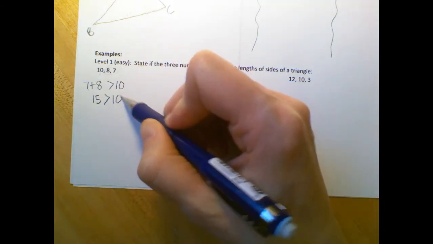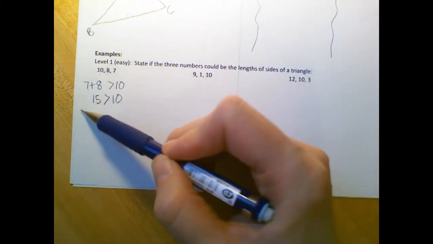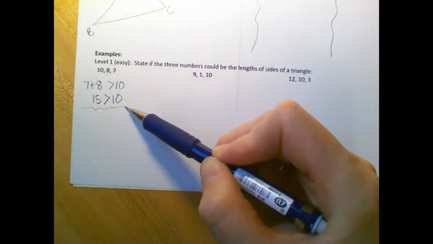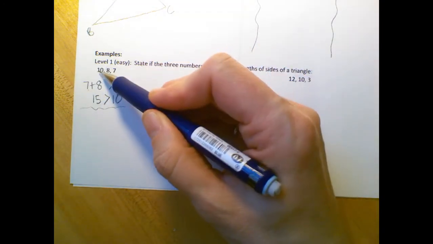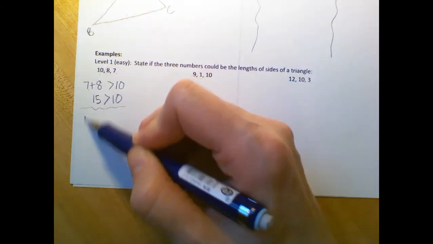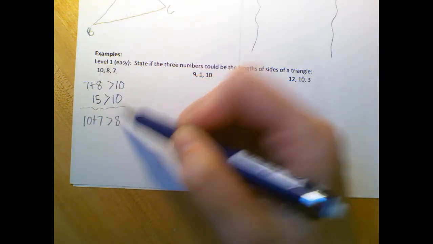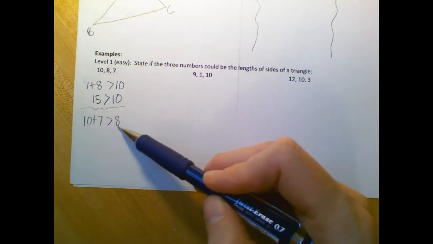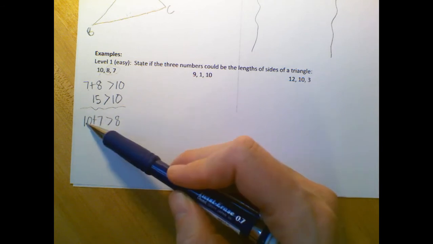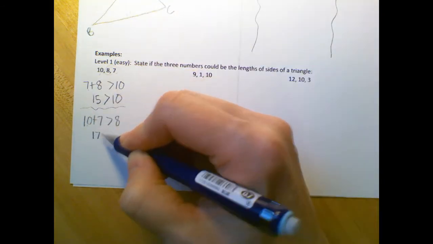I'm a big fan of just doing it once, and I'm only going to check the two shortest sides. But if we use the full triangle inequality, then we'd take the other two sides, 10 and 7. You add them together, they have to be greater than 8. Since we know 10 is the longest side, it's kind of silly to do this, because the 10 is already bigger than 8. So of course 10 plus 7 is going to be bigger than 8.